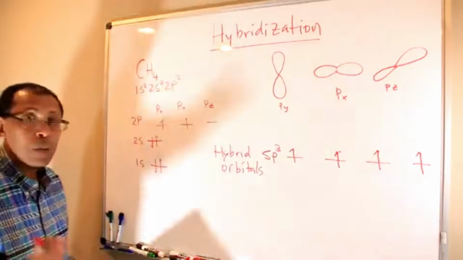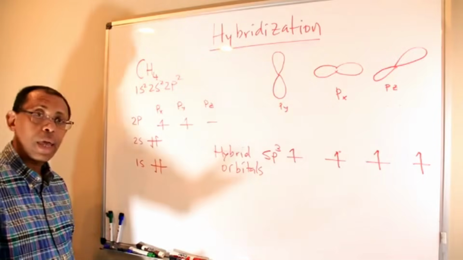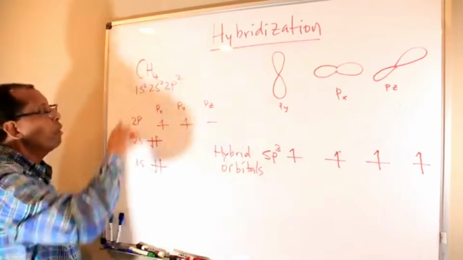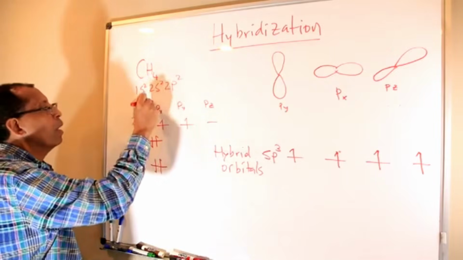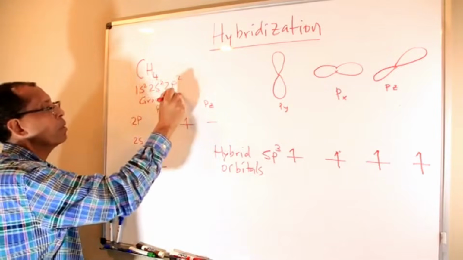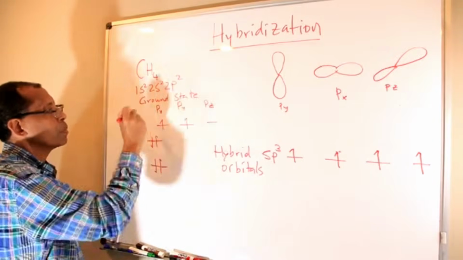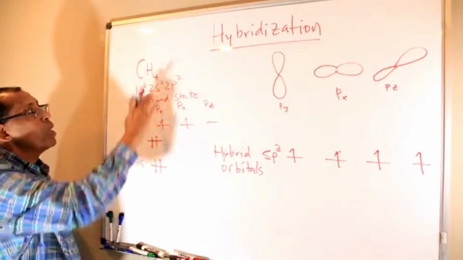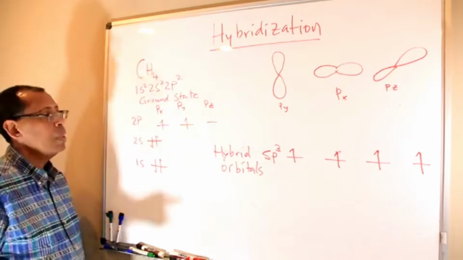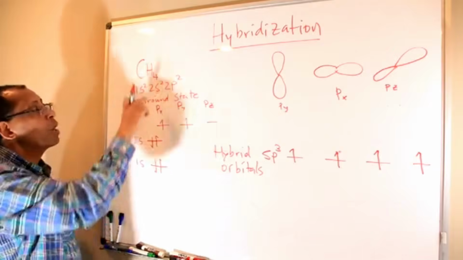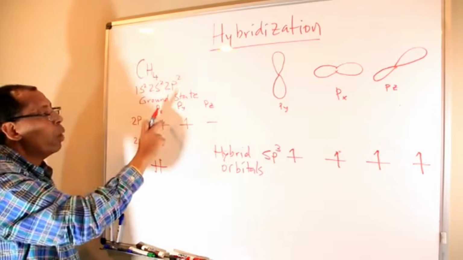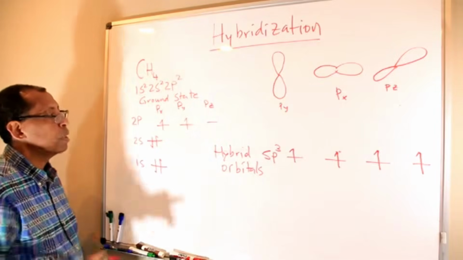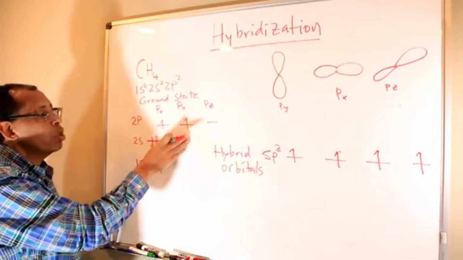So now what we have done, just to review again so that you will not forget, this is a ground state configuration. The ground state configuration doesn't allow you to make CH4. It's because the only thing you can pair up is a maximum of 2 hydrogens with 1 electron coming from each hydrogen. Therefore, you can only make CH2.